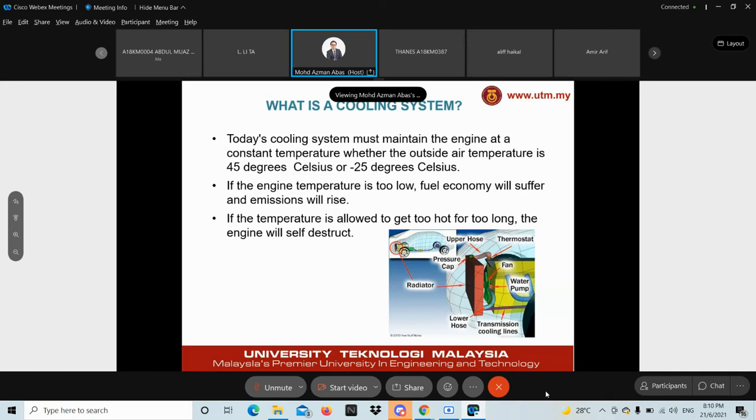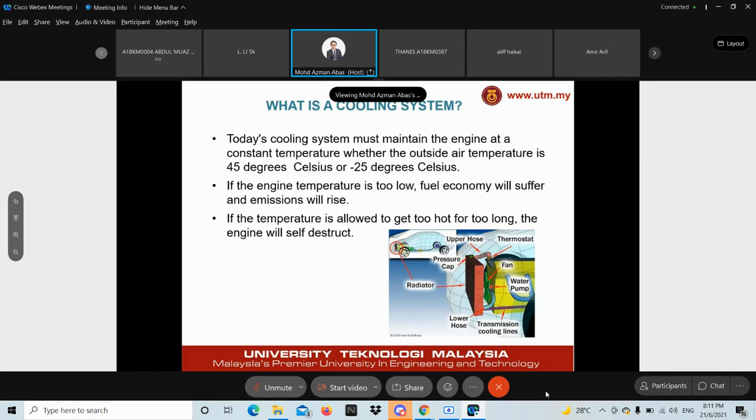But surprisingly, in Malaysia itself, if you are driving in congested traffic, based on some experiments that we did, air temperatures inside the engine that goes into the air intake system might reach up to 60 to 70 degrees Celsius.